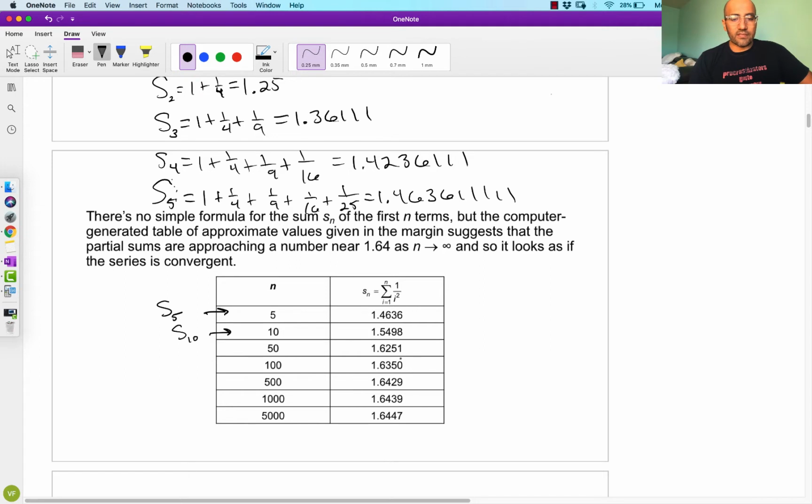And that's based on using technology to create this table. If we use computers to find the sum of the first 10,000 of these numbers, we'd see it getting closer and closer to 1.64-ish.